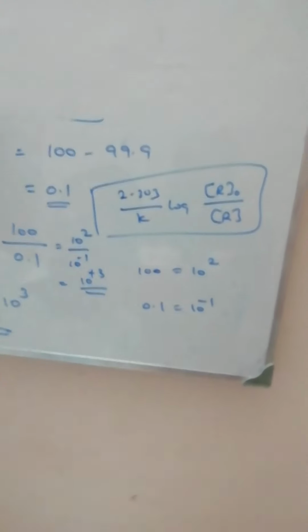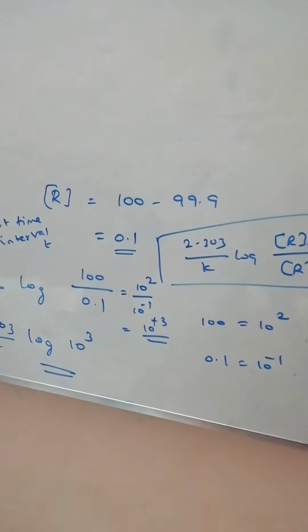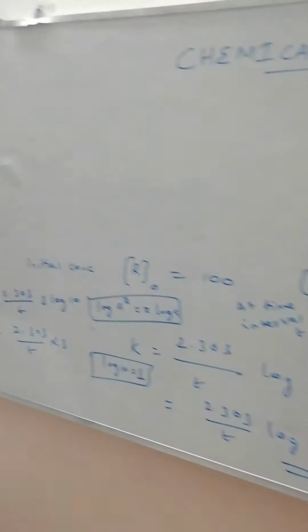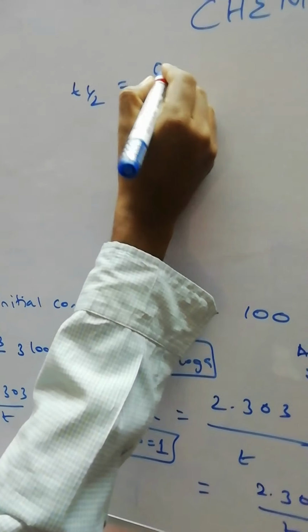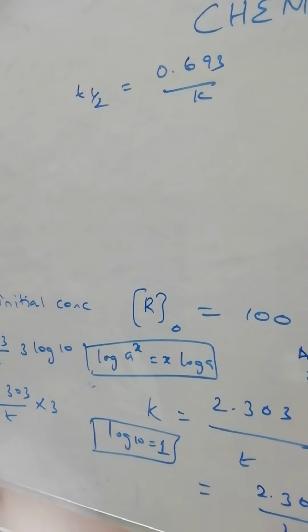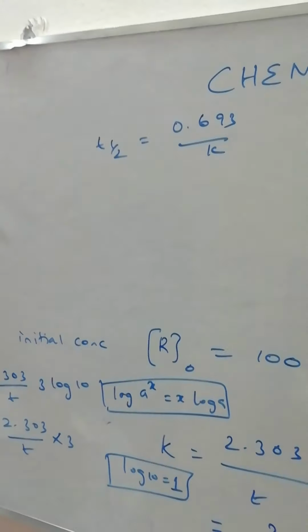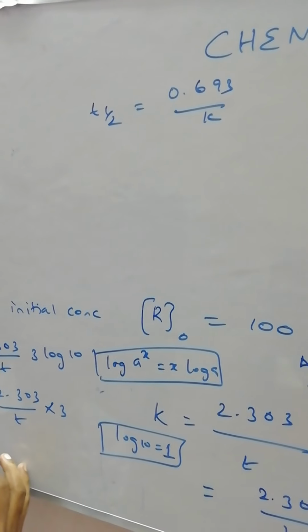Now, T half of the first order rate equation is equal to 0.693 by K. This is the thing we wrote. So here we have to multiply. What is the value?